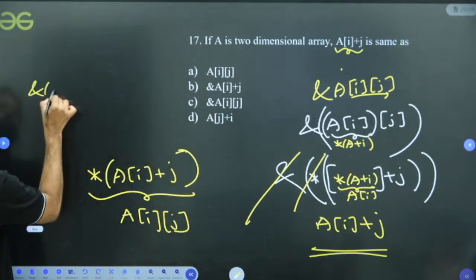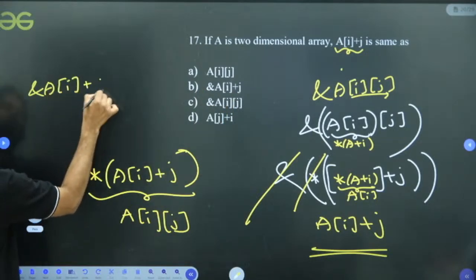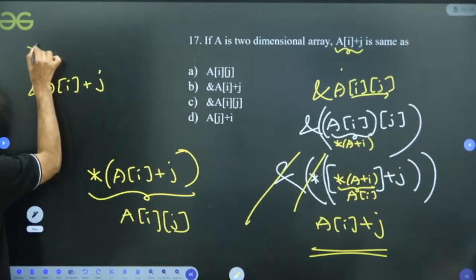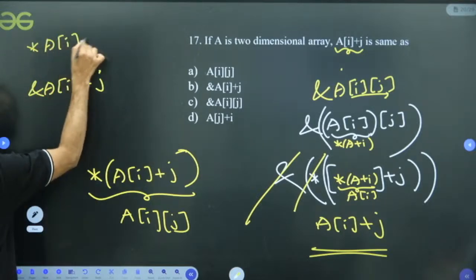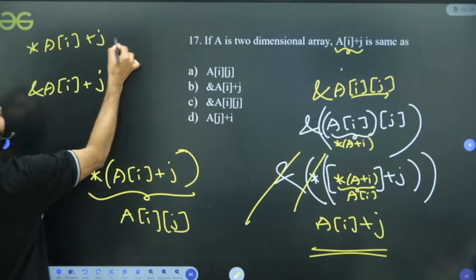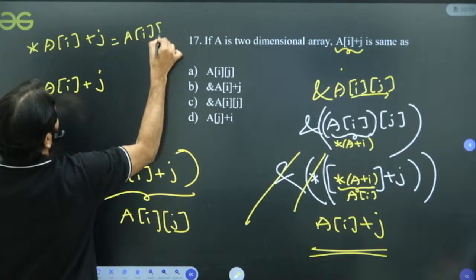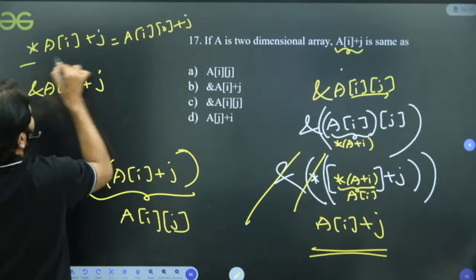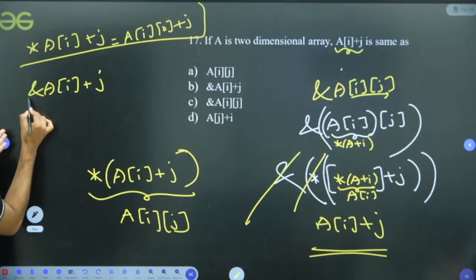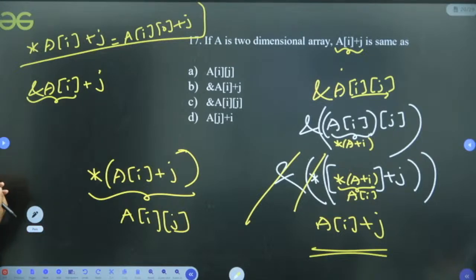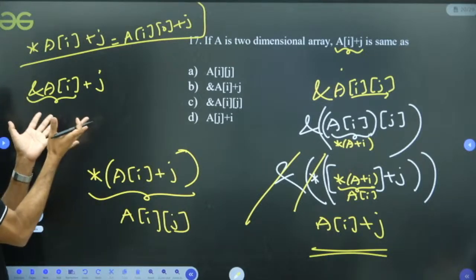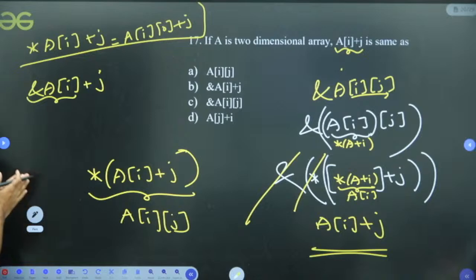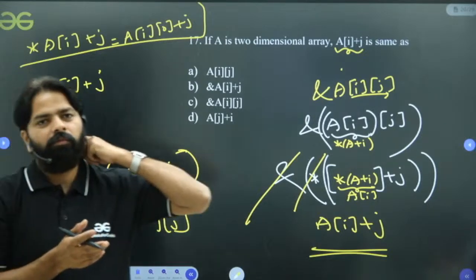Ampersand A of I plus j is different. Star of A of I plus j is different. This will give you A of I0 plus j. This is different. This address of A of I will not give you the element address. Both are different.